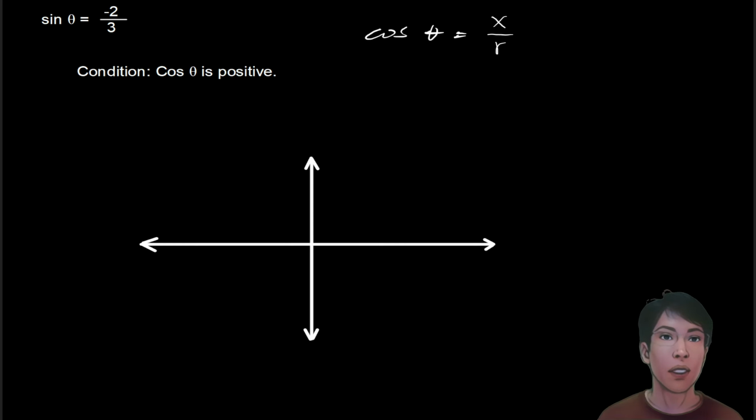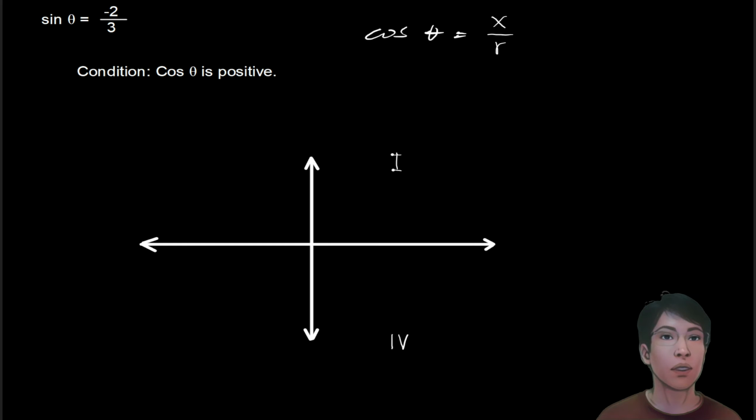And so that gives us these two quadrants: quadrant 1 and quadrant 4. Here, x is negative, so cosine is negative.